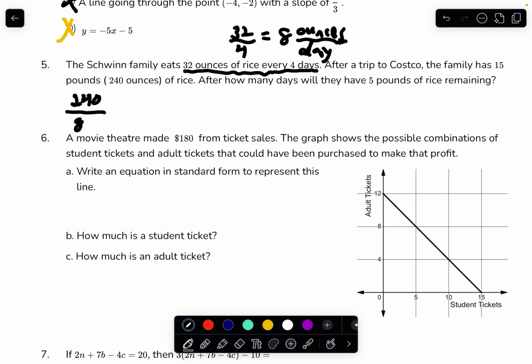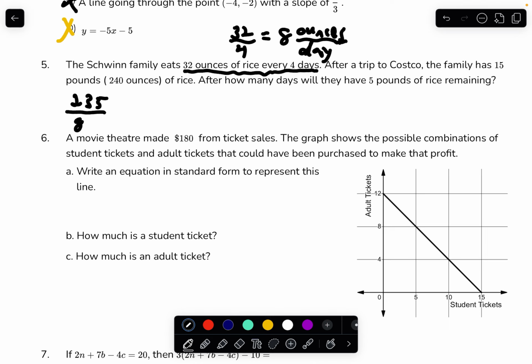Actually, we have to be careful because they said after how many days will they have 5 pounds left? So that means they don't want to consume all 240. They want to consume 235. This is how I would do it: I subtracted out the 5 that still remain, so they ate 235 ounces at 8 ounces per day.